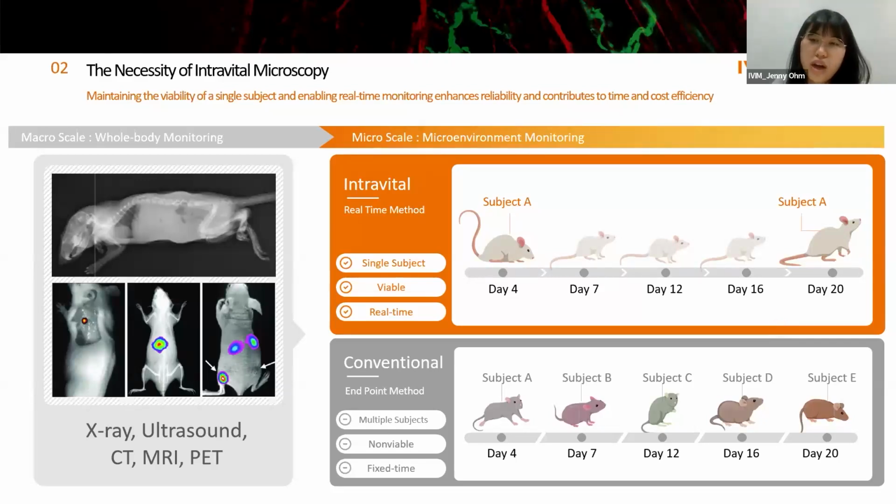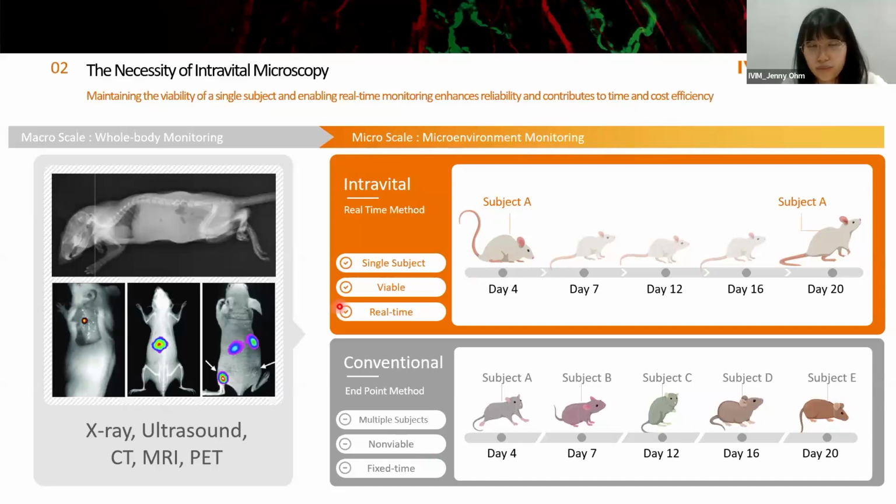A very distinct strength of IVM's intravital microscopy system lies in its departure from conventional in vivo imaging approaches. As mentioned, traditional methods require the preparation of separate animals for each time point, inherently introducing substantial inter-animal variability.